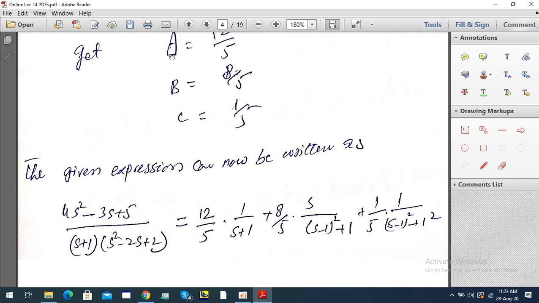Now I have just put these values: 12 by 5 over s plus 1, and the B value is 8 by 5, and the C value is 1 by 5.